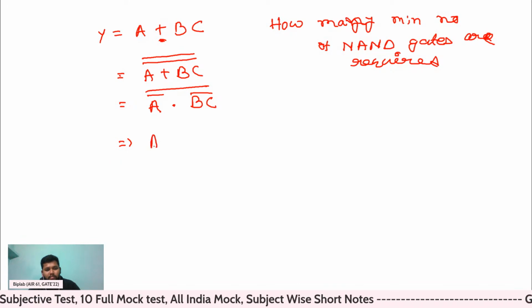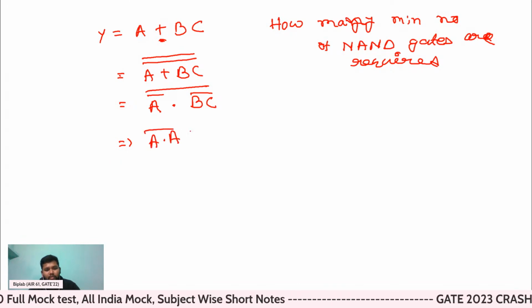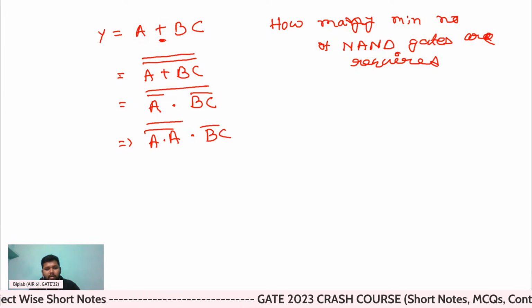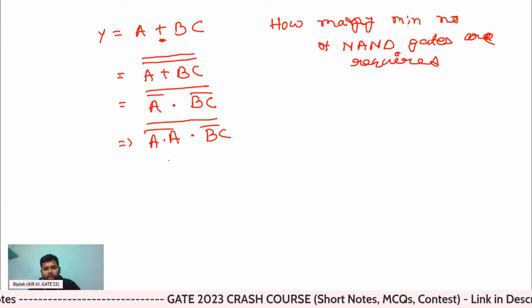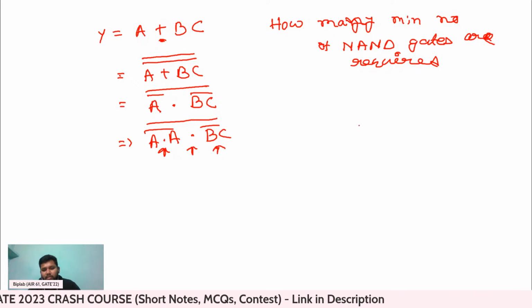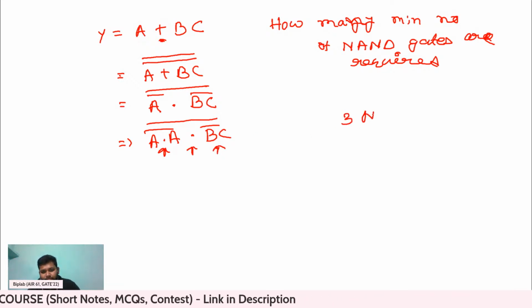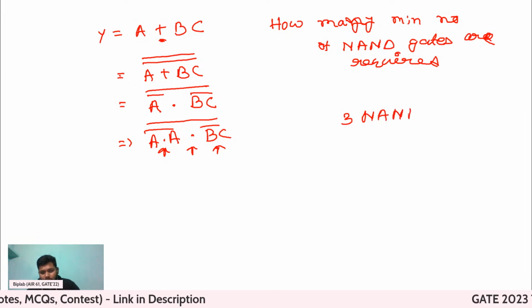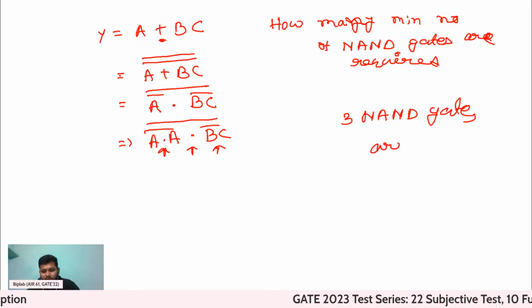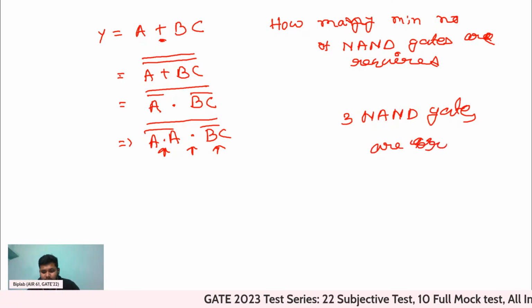So y can be written as a bar dot bc bar, whole bar. So how many NAND gates are required? 1, 2, and 3. So 3 NAND gates are required.